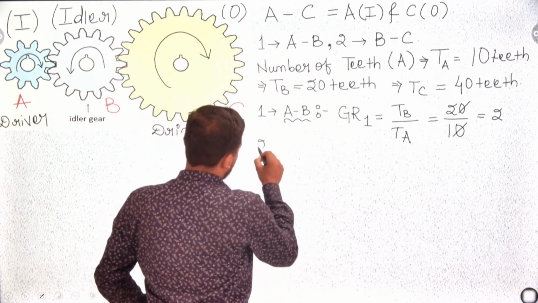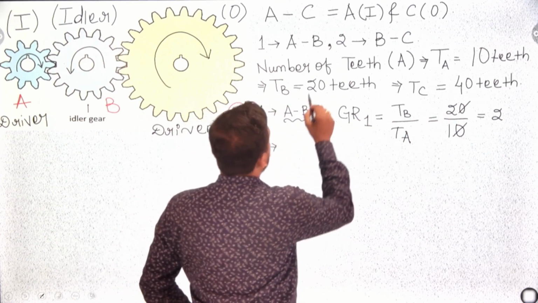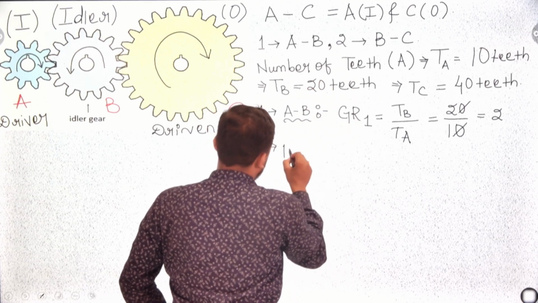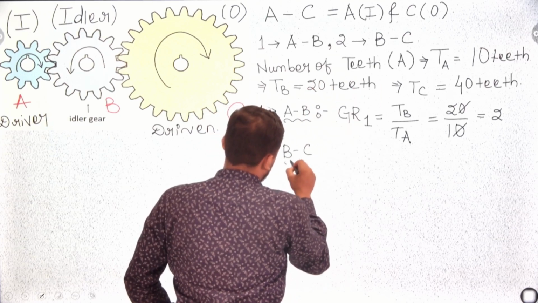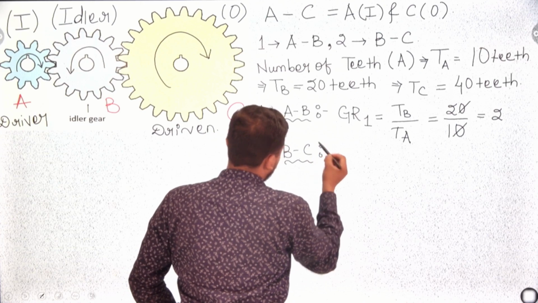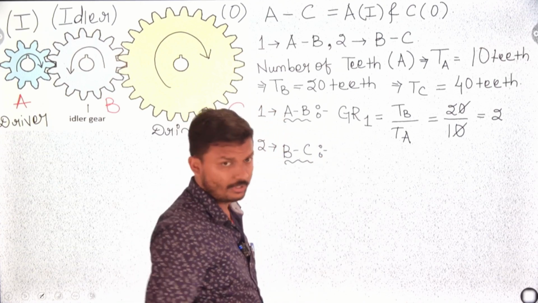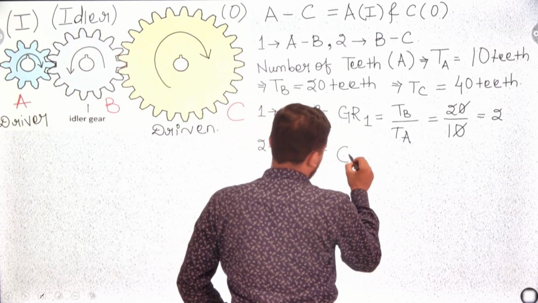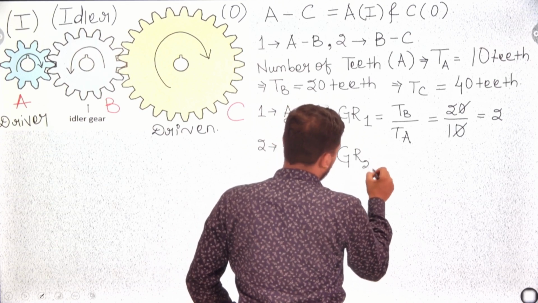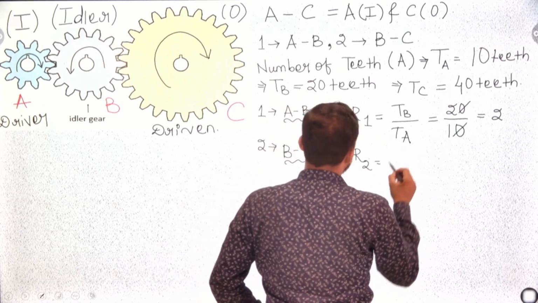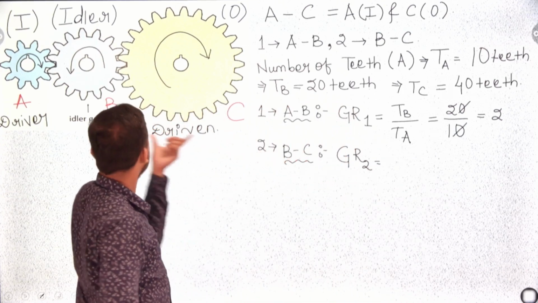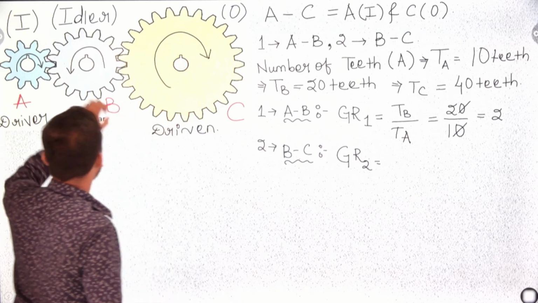Secondly, the same thing will happen for the BC condition. From the BC condition, let's take the gear ratio. C is output, and in the BC condition, C is output and B is input.